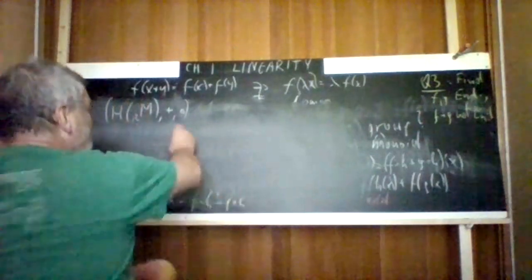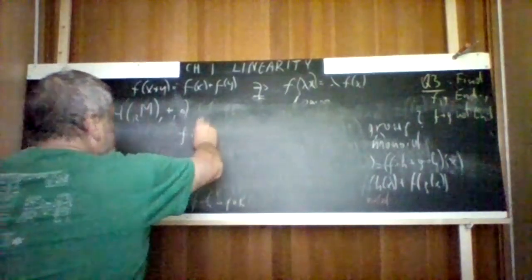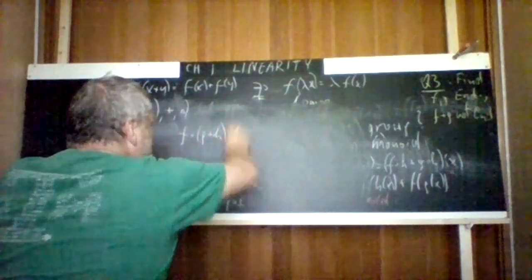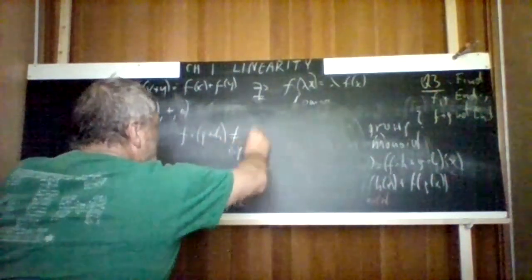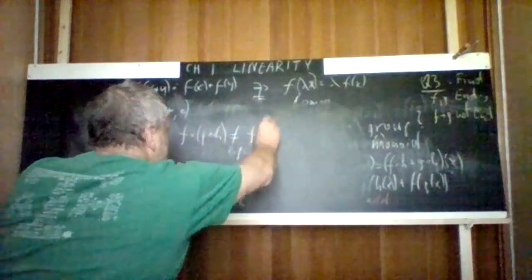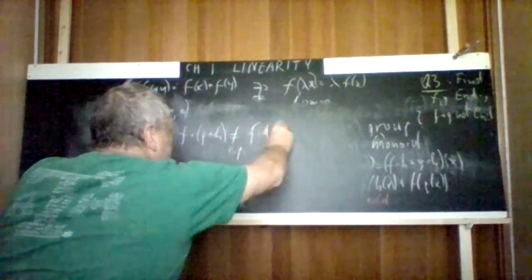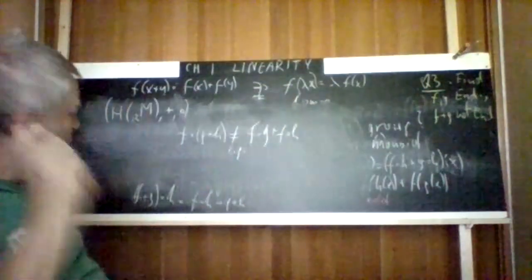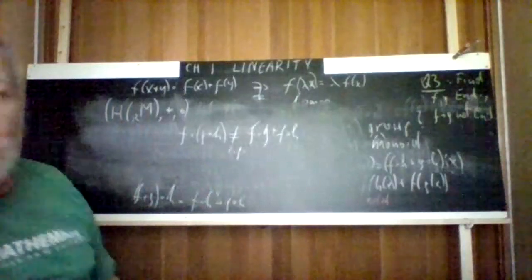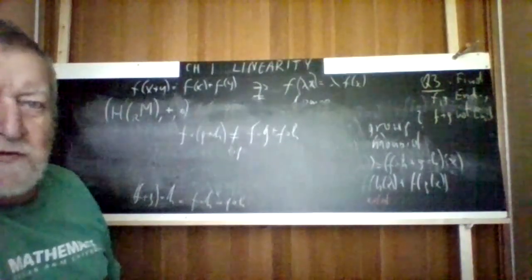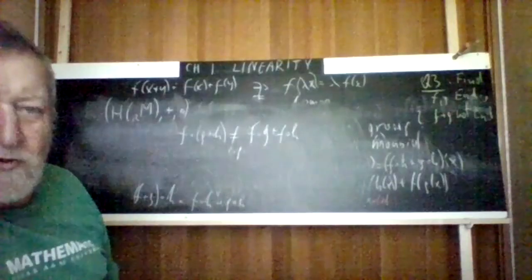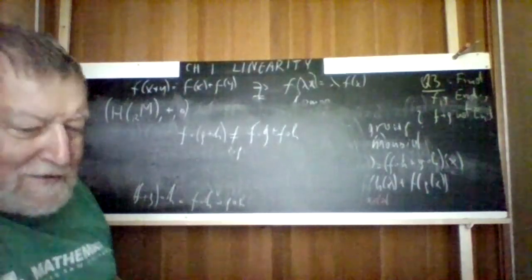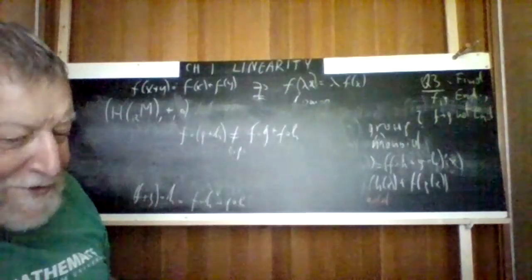So we get that F composed with G plus H is in general not the same as F composed with G plus F composed with H. And so we get almost a ring. We're very near to a ring, and hence we call this a near-ring. And that's the topic of our course now.